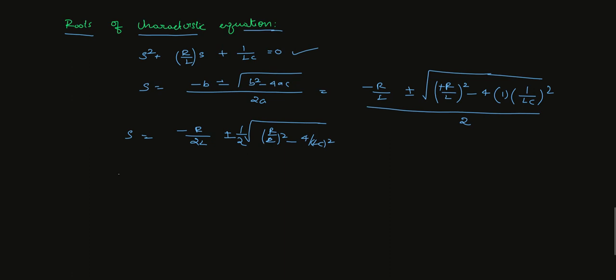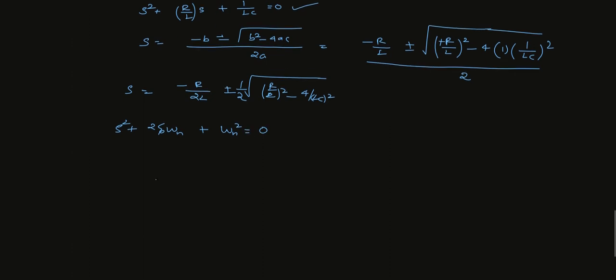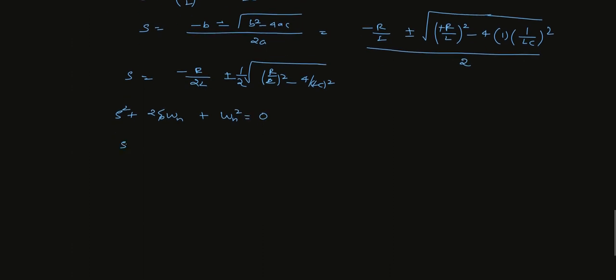So let us compare with the standard equation, that is s square plus 2 zeta omega n s plus omega n square is equal to 0. This is our standard equation. So let us try to find out the roots of this equation.